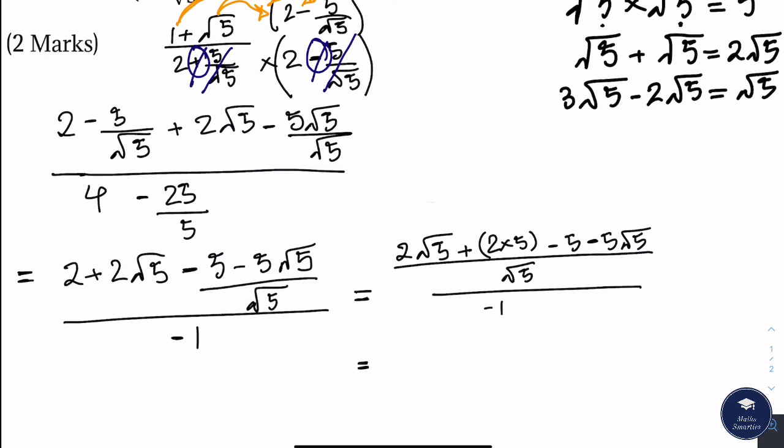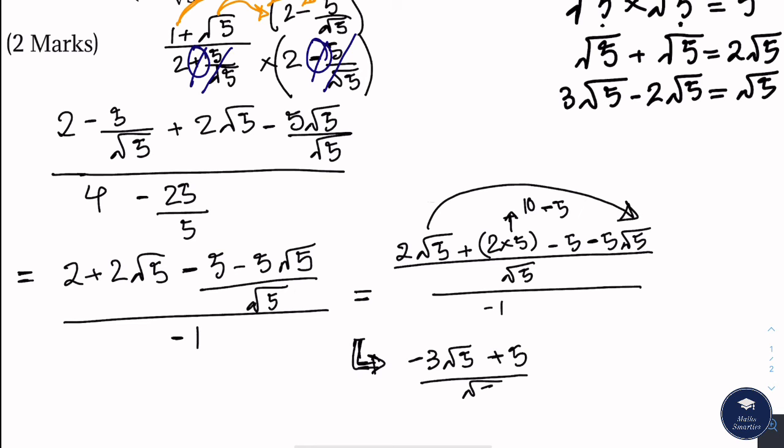Now the next step here. 2 square root 5 goes with this, so 2 negative 5 is negative 3 square root 5, and this becomes 10 negative 5 is just 5, over square root 5 divided by minus 1.